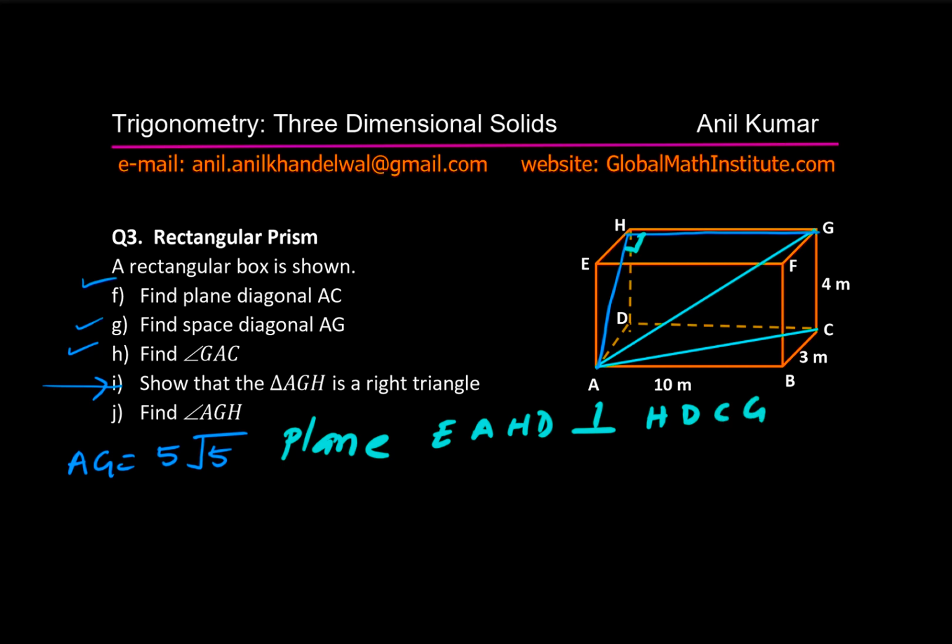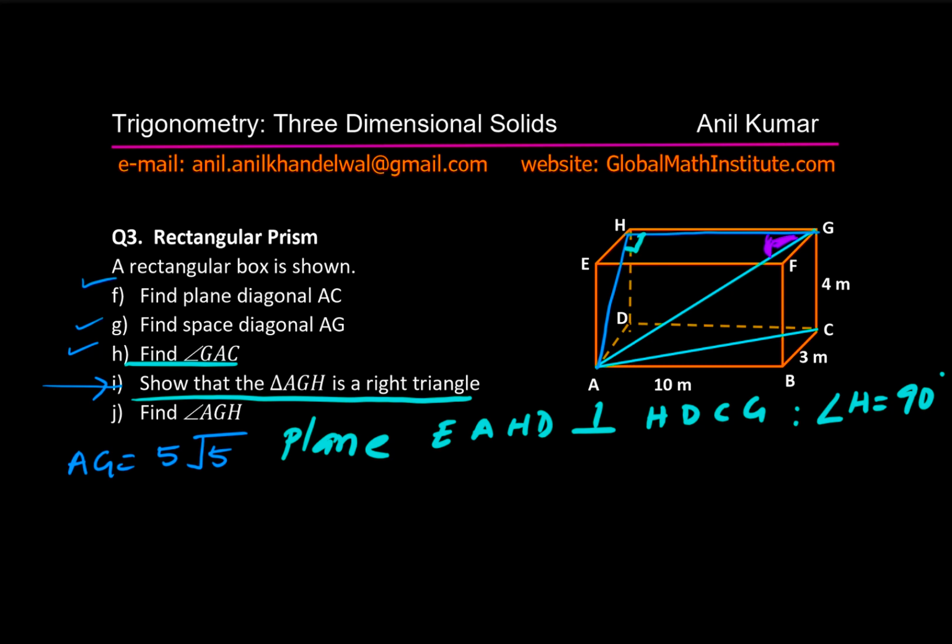Is that clear to you? And that is the reason why we have angle H equals 90 degrees, the one which is marked here. So that is how we have done this portion. It's a right angle. Now, let us find the angle AGH, that is this angle.